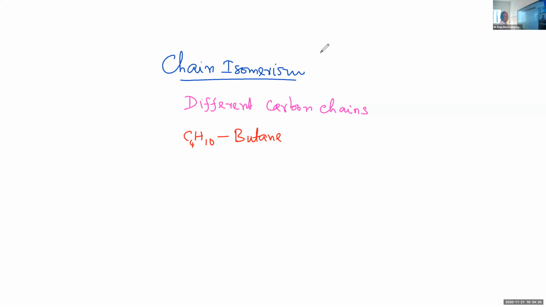The things you have to remember are this. Draw the possible skeletons using the atoms which have valency more than one, the atoms given in the formula.